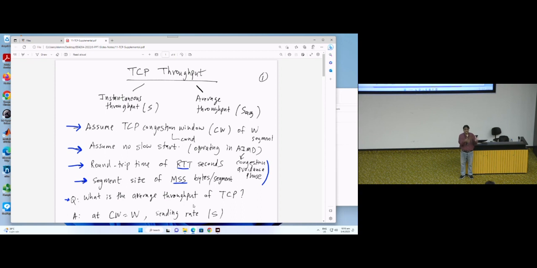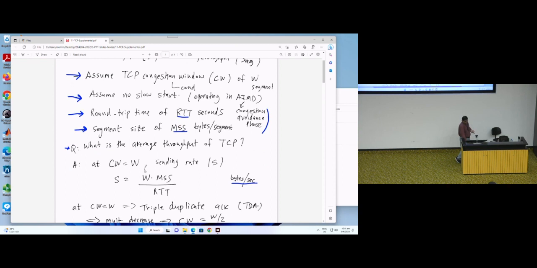We can do the same thing for TCP. TCP uses a sliding window of size W, let's say. So that's W segments. So the sending rate is W over RTT segments per second. And if you want to convert that to bytes per second, since we have MSS bytes per segment, it's W times MSS divided by RTT. So this is the sending rate.